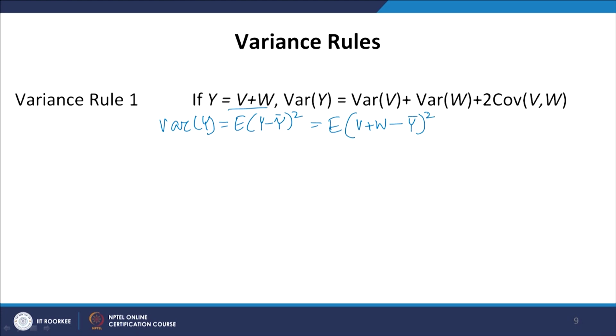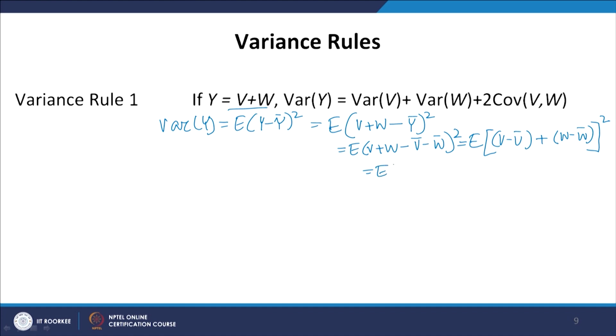Now, if y equals v plus w, then y bar equals v bar plus w bar. So, this can be further written as expected value of v plus w minus v bar minus w bar whole square, which is equal to expected value of v minus v bar plus w minus w bar, the entire thing whole square.